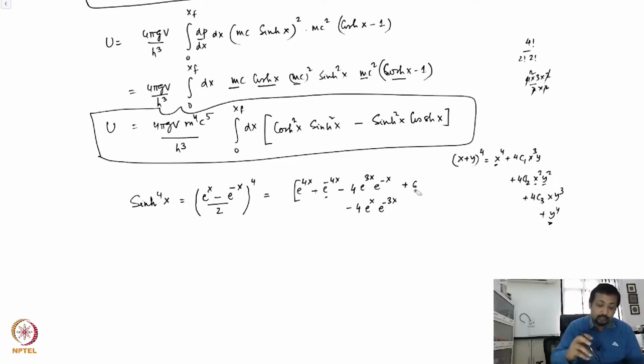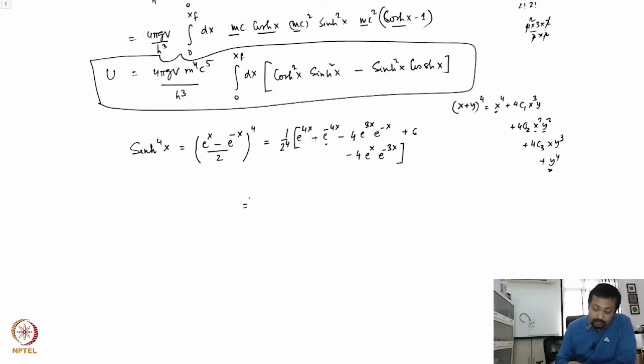So our bracket closes here, and then you have 2 to the power 4. 2 to the power 4 is 1 over 16. Now e to the power 4x, so let's just first write down this, and then we will minus 4.